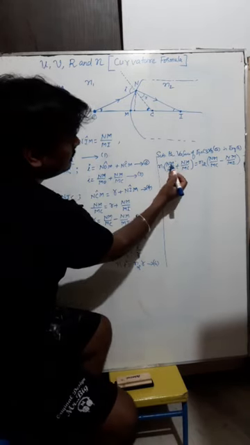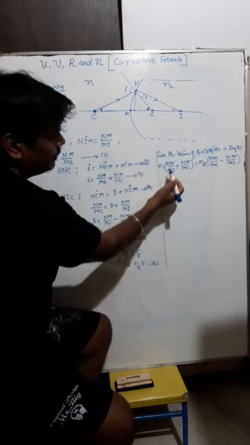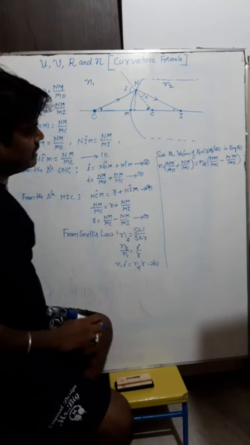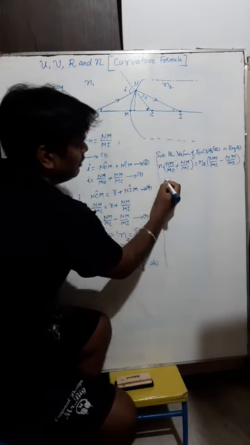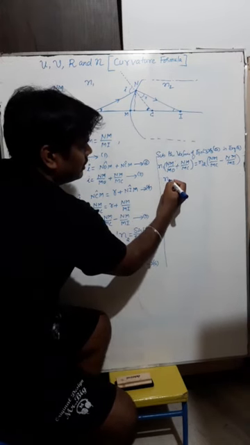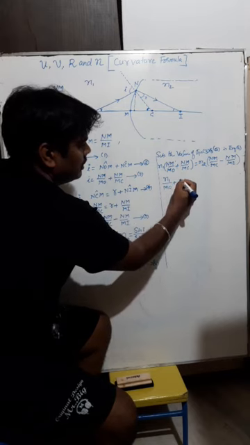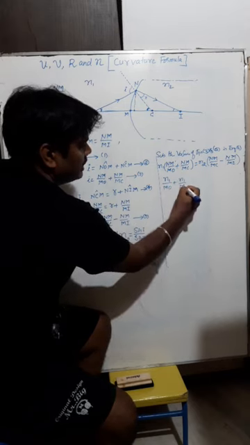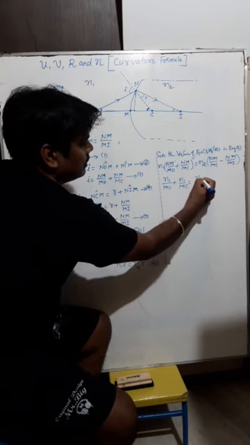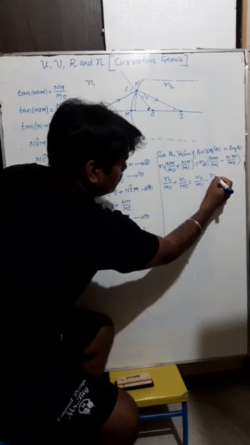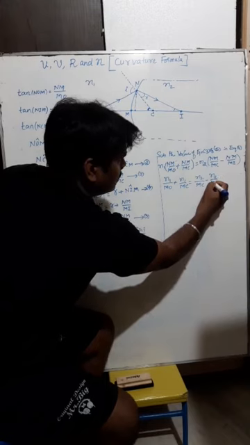Now see, since NM is common in the numerator, you take the common factor NM here and here also, it will get cancelled on LHS and RHS. Now the remaining equation is N1 divided by MO plus N1 divided by MC, which is equal to N2 divided by MI.